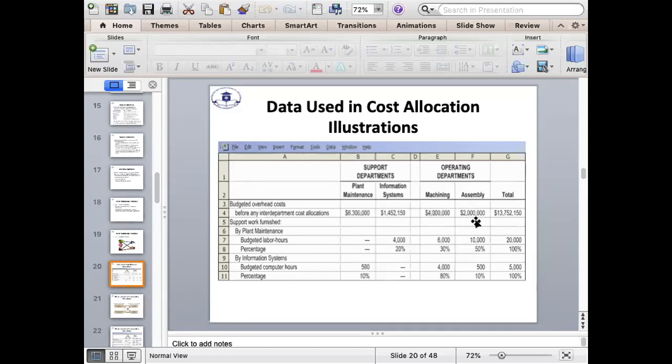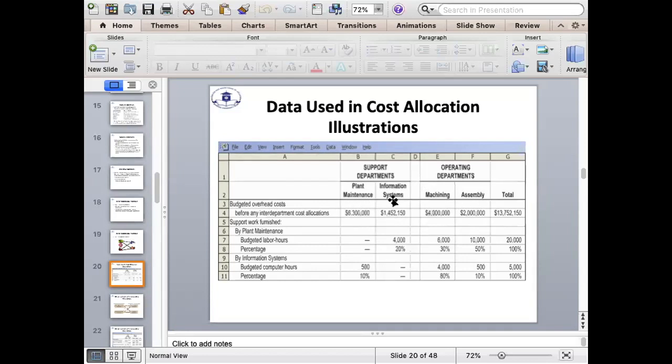So what we're going to do in this method, we will allocate this cost to this and this. Same thing here. We allocate this cost to here and here.